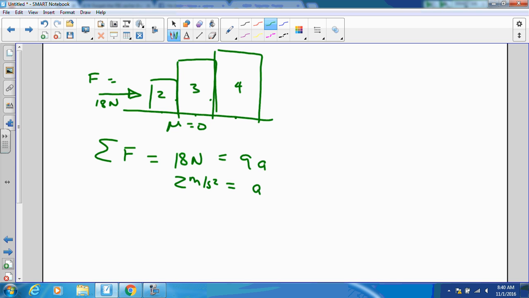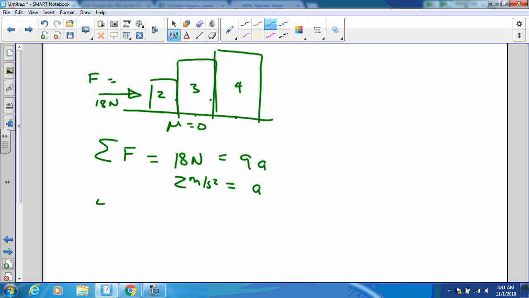Now, I can take that system analysis that I just did, and I can work backwards to the internal forces in each of the constituent parts. How? Because this guy on the very end is going to be experiencing only one force, the normal force of the 3 pushing him in that direction.